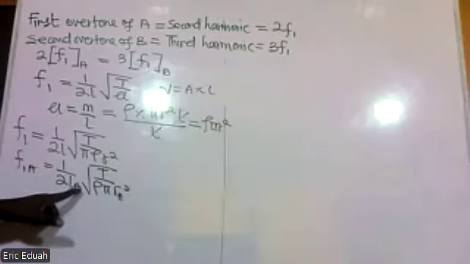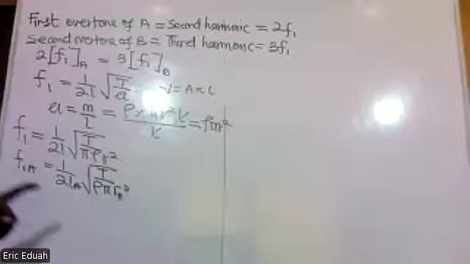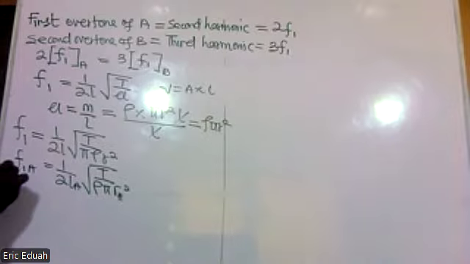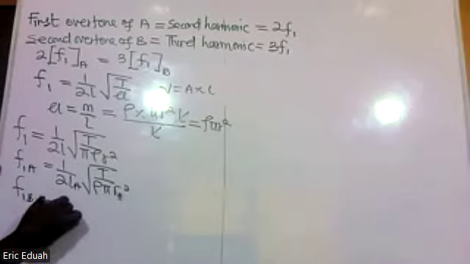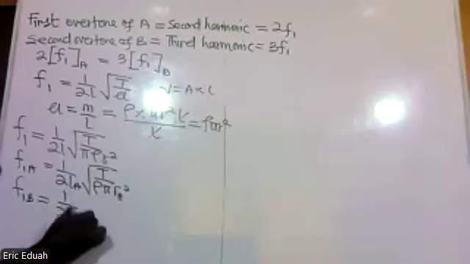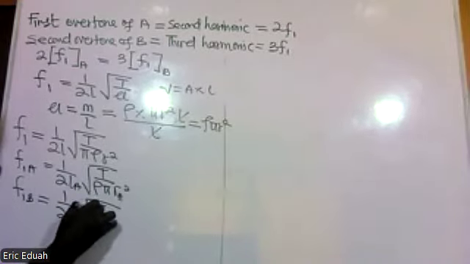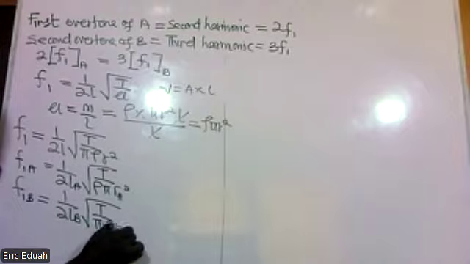Here I'm not distinguishing the density because they are the same. Tension is the same. Pi, of course, is a constant. Meaning that F1 of B would also be equal to 1 over 2L of B times the square root of T on pi rho R of B squared.